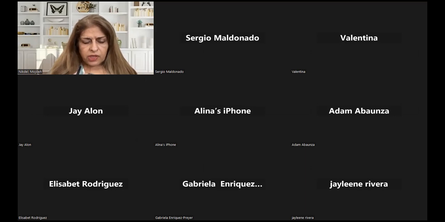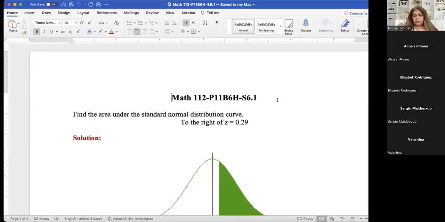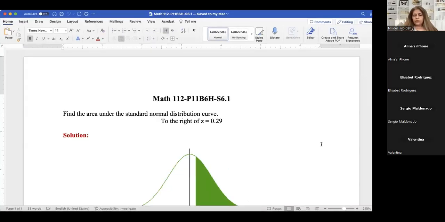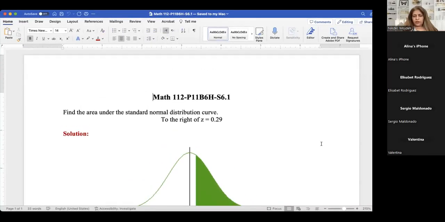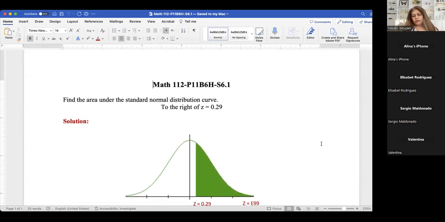Let me look at 6. You want to find the area to the right of Z equal to 0.29. On your quiz, exam and homework, I want you to draw the shaded region.